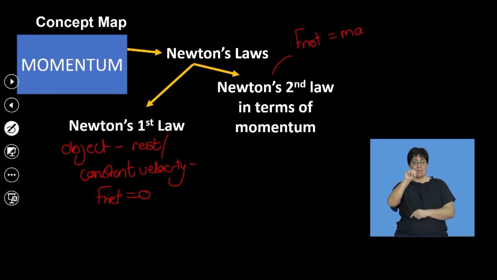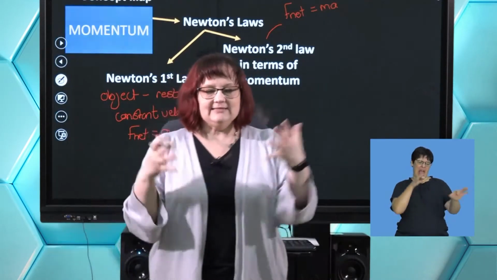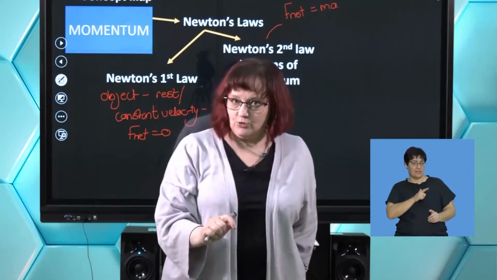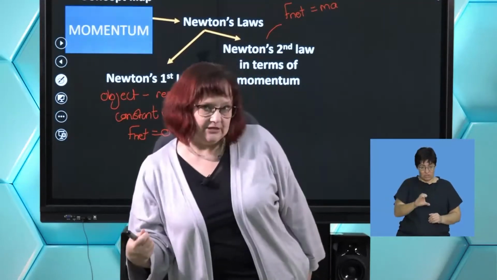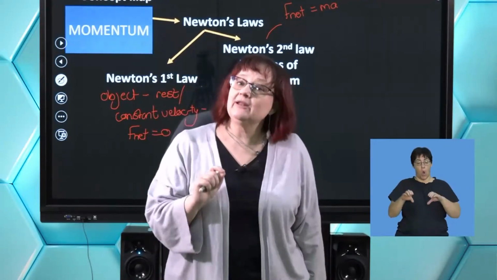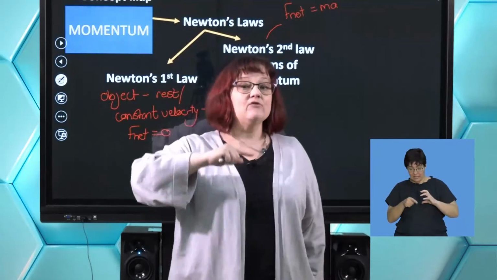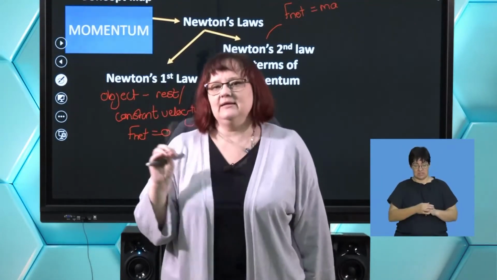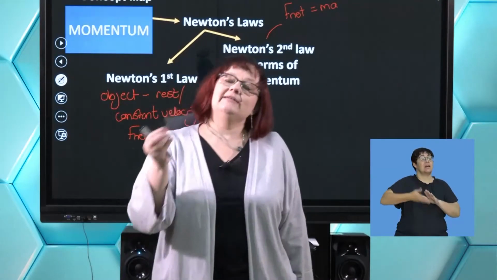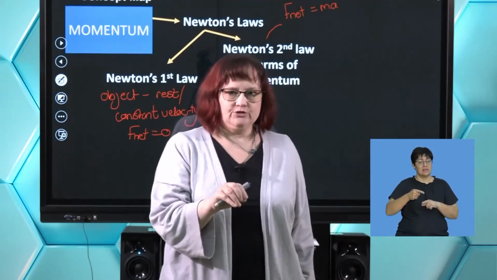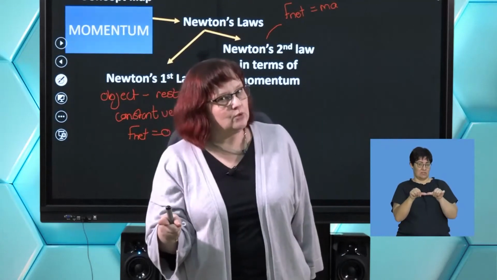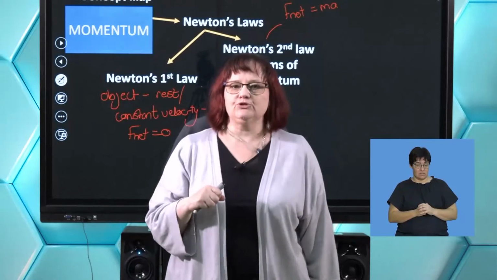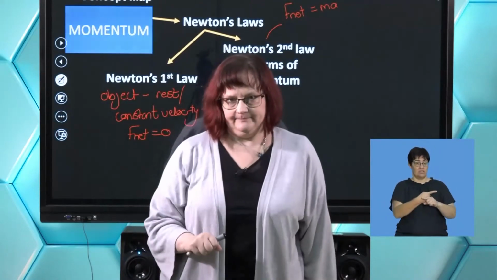And you had a very long definition that said that when a net force acts on an object, the object will accelerate in the direction of the net force with an acceleration that is directly proportional to the net force and inversely proportional to the mass.